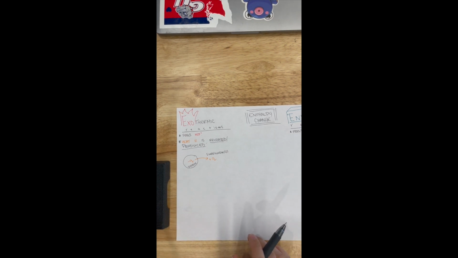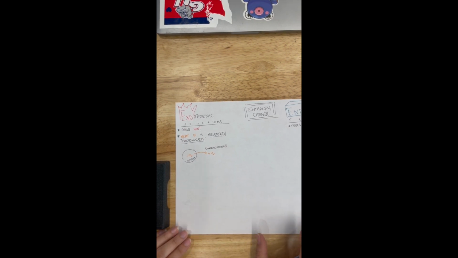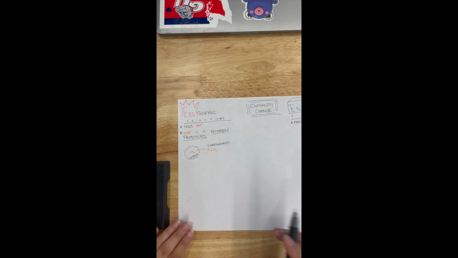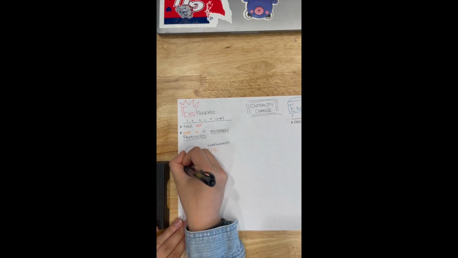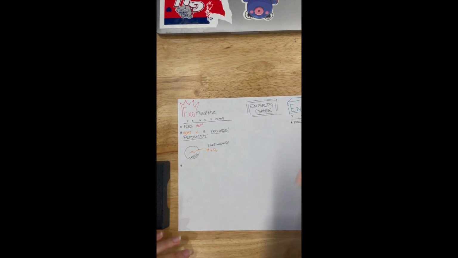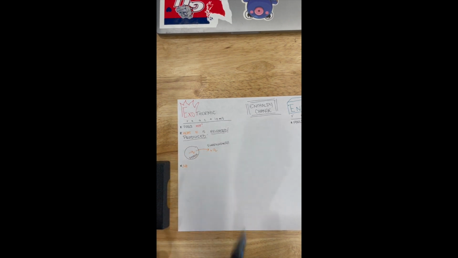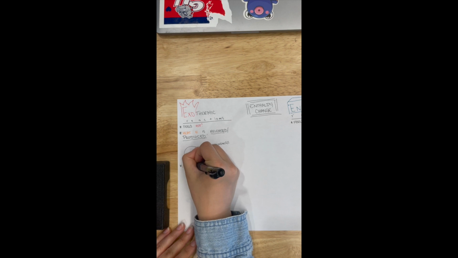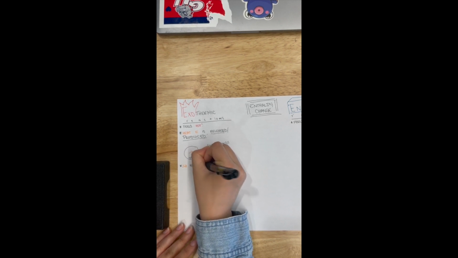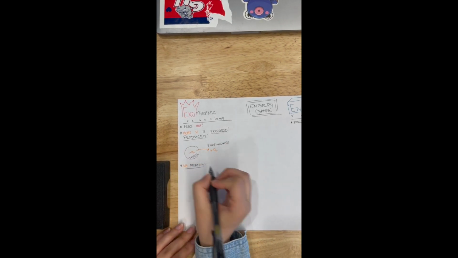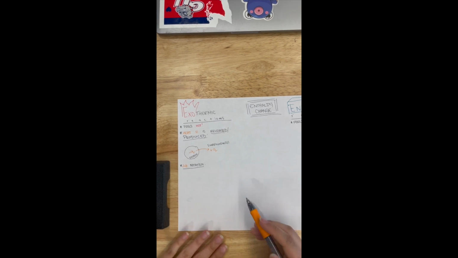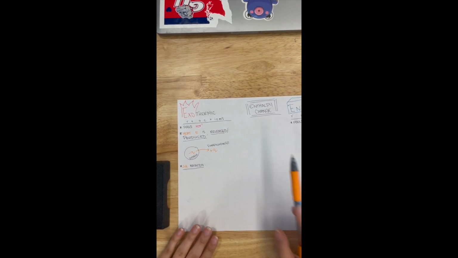Now there's a couple notations that go along with this. The first notation is what we call delta H notation. Now you might be like, Ms. Craig, what the heck is delta H? So now we're going to come back to this word that we started with at the beginning, enthalpy.